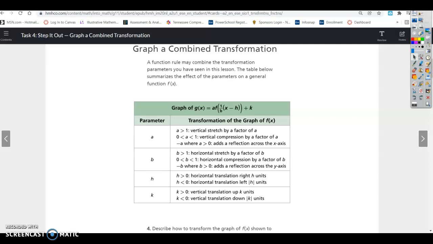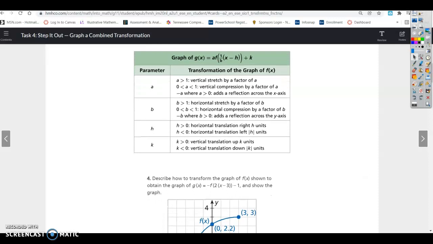Lesson 1.3, Task 4. Graph a combined transformation. A function rule may combine the transformation parameters you have seen in this lesson. The table below summarizes the effects of the parameters on a general function f of x. All right, so this is kind of important.